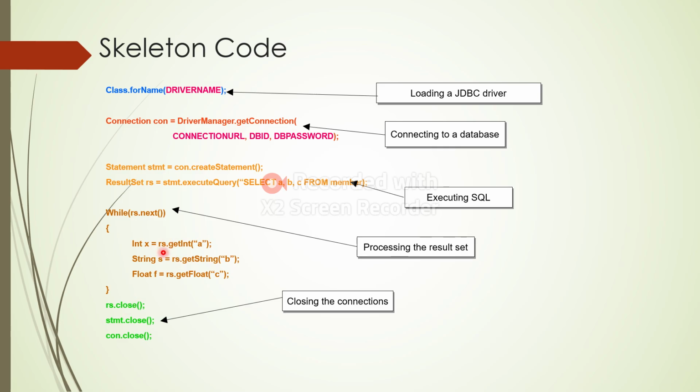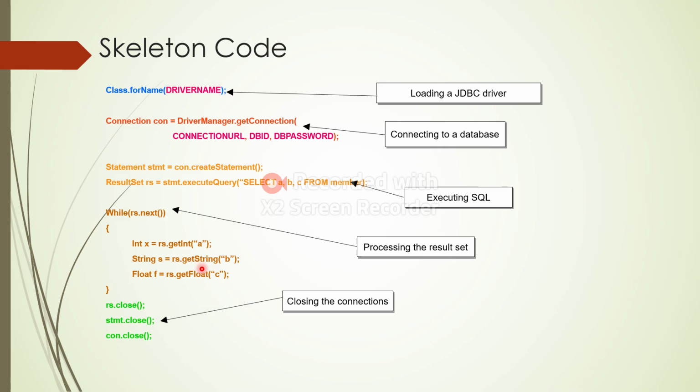Now if there is any record, obviously from the record, some value will be integer kind, maybe it will be a string, maybe it will be a float, maybe a date, maybe a byte. It can be something. So depending upon your database column data type, you have to use that kind of type.